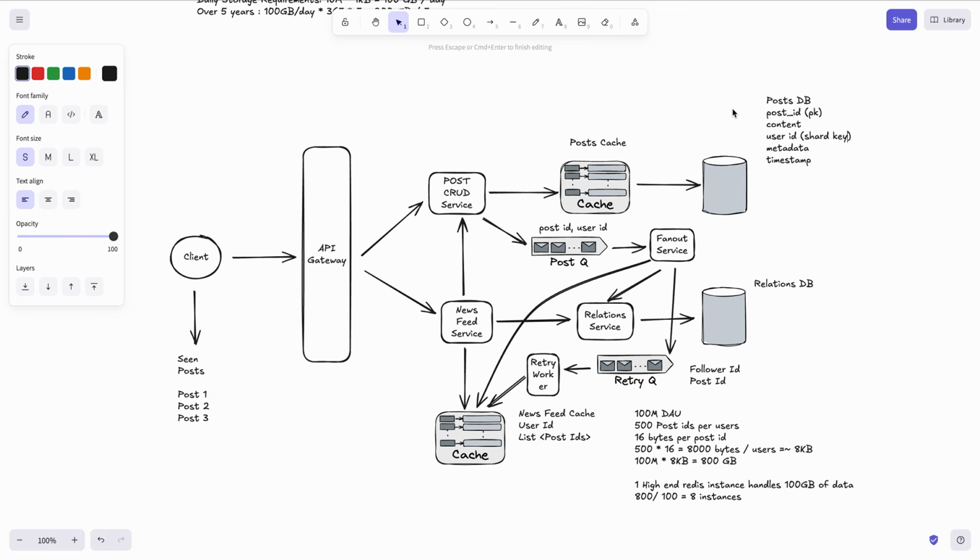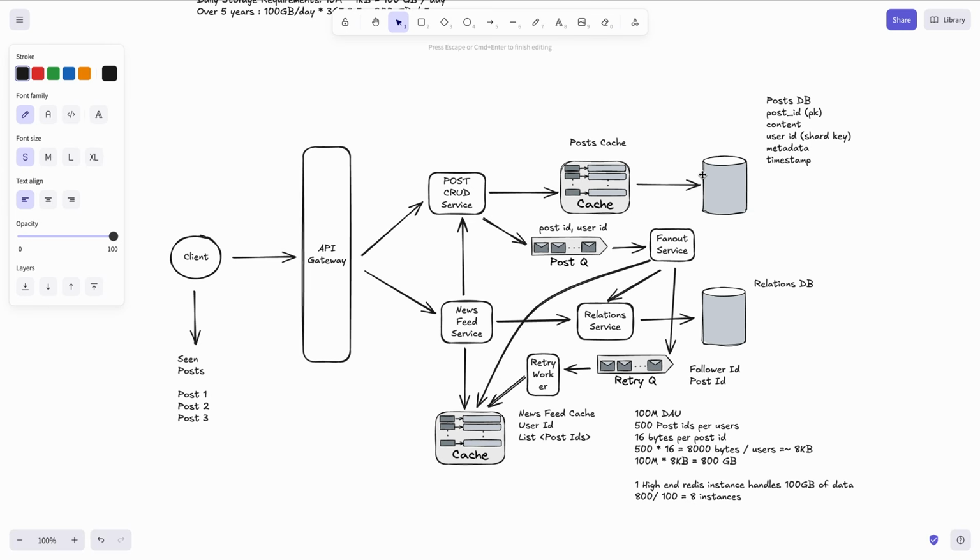This design gives us fantastic data locality. When the newsfeed service needs to fetch a user's posts, it knows exactly which database to query, which turns this global query into a single localized query, and we can handle an almost limitless number of users by simply adding more shards as our user base grows.